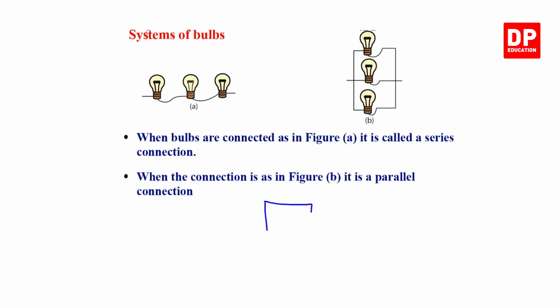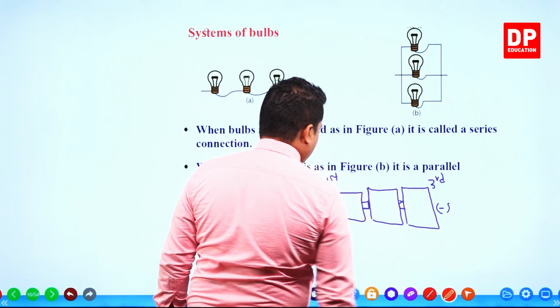When you are connecting cells together, my dear children, it should be like this. This is the first cell, the positive terminal. This is the third cell, the negative terminal.